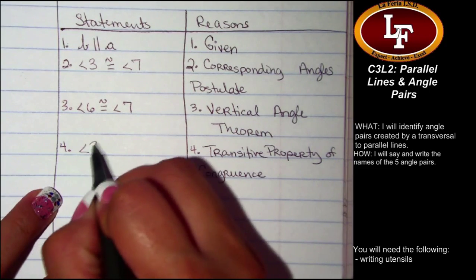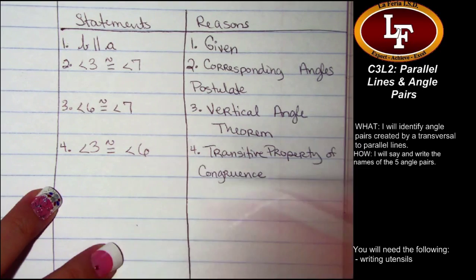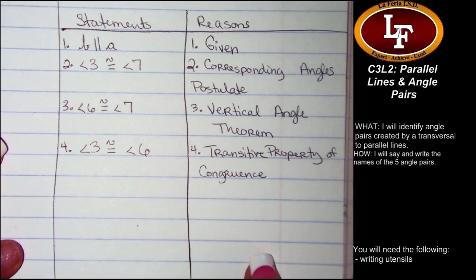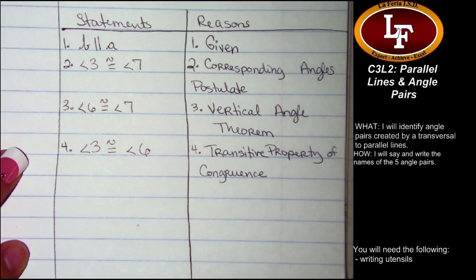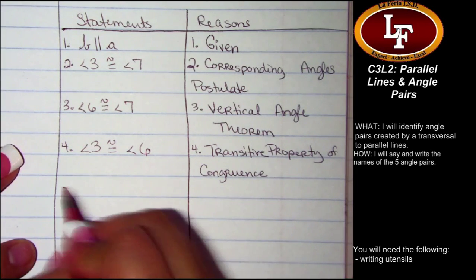And this allows you to say that angle 3 is congruent to angle 6. Is that our prove line, what we wanted to prove? Look back at the top. What was the line for prove? Yes, because our prove line at the very top of the page says angle 3 is congruent to angle 6. We have that here as our statements. We are done.